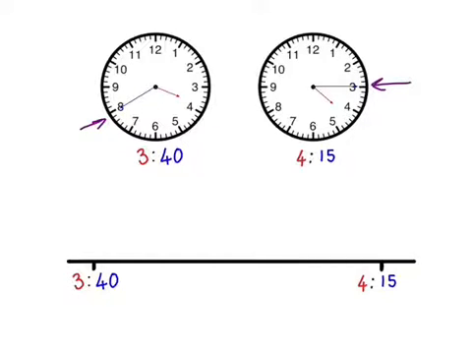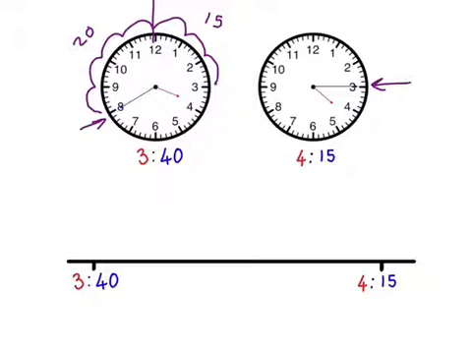On a clock, that's easy. I go jump, jump, jump, jump, gets me to 4, jump, jump, jump, gets me to quarter past. That's kind of two bits. There's this bit here, which is 5, 10, 15, 20 minutes, and then this bit here, which is 15 minutes.